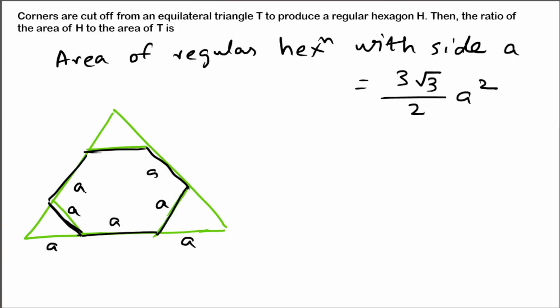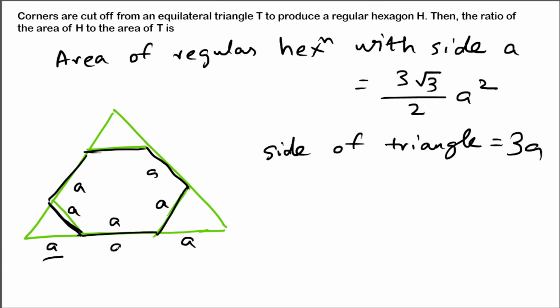So what we can say is the side of the triangle is simply 3a, because we add all three of them up.